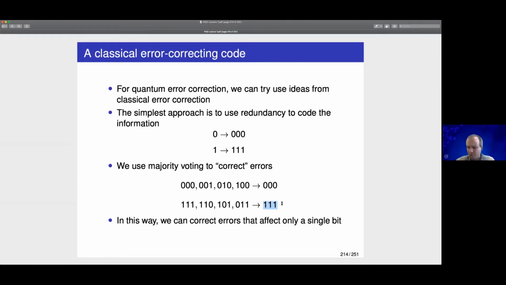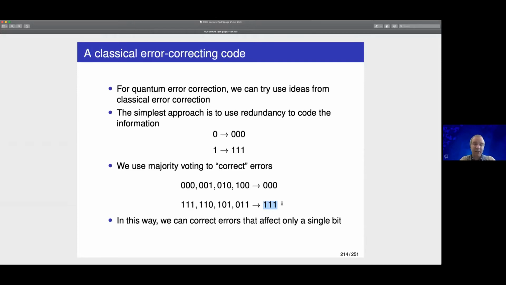Of course, there are other techniques much more evolved and complicated than this one. There are many different classical error correcting codes, but the idea is more or less the same.